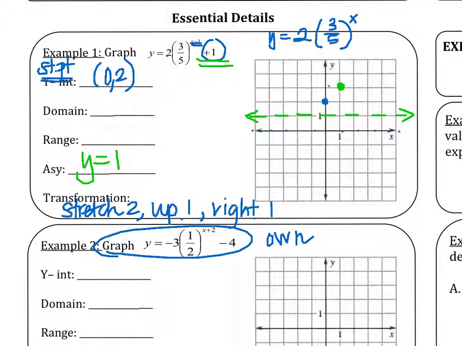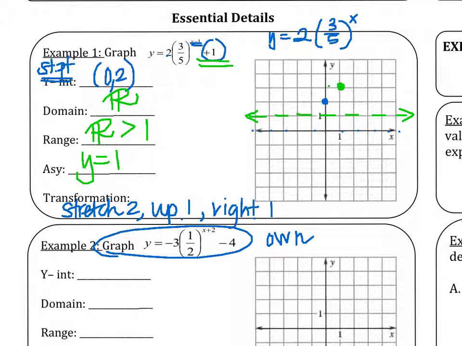I can also fill in domain and range at this point. Domain, I can always do a negative exponent, a positive exponent, and 0, so my domain is all reals. And you'll notice my green graph, the point is already above the asymptote. So I'm going to say all reals greater than, and my asymptote occurs at 1, so it's greater than 1.